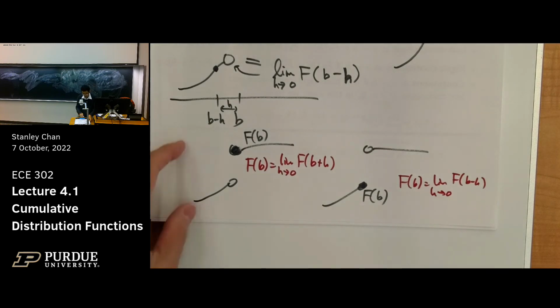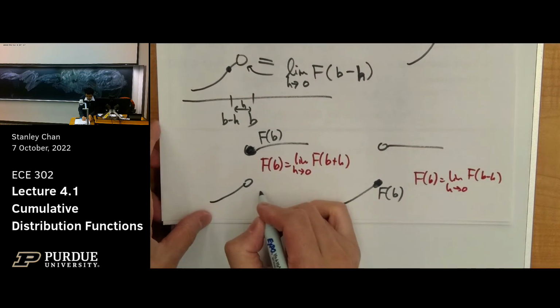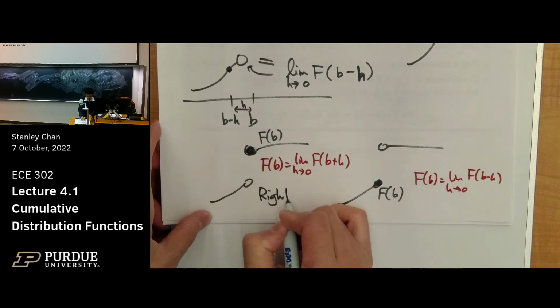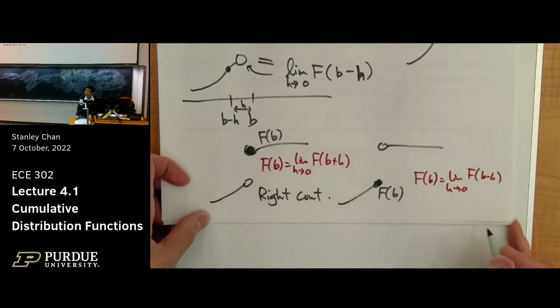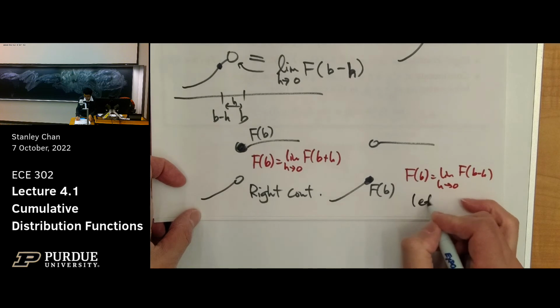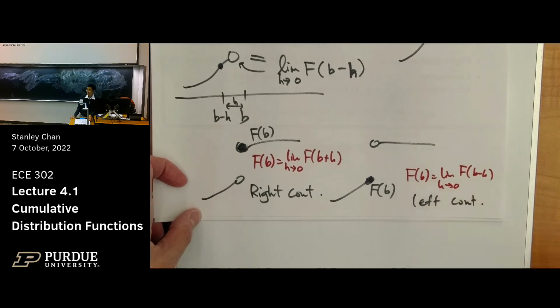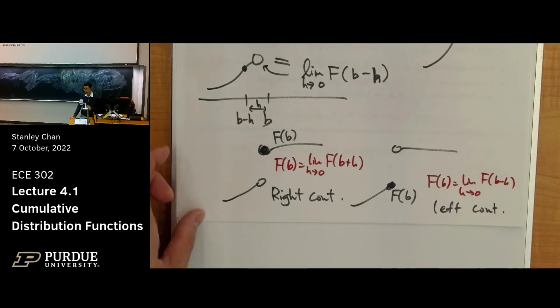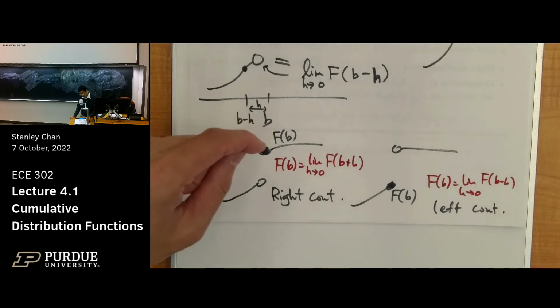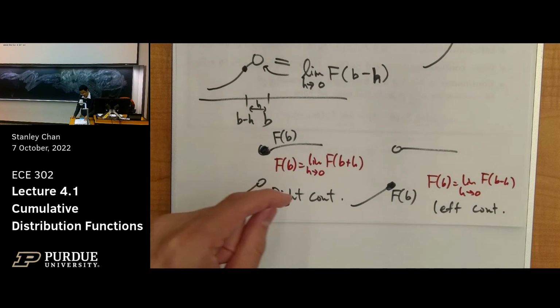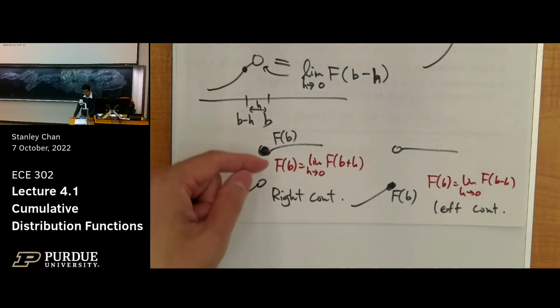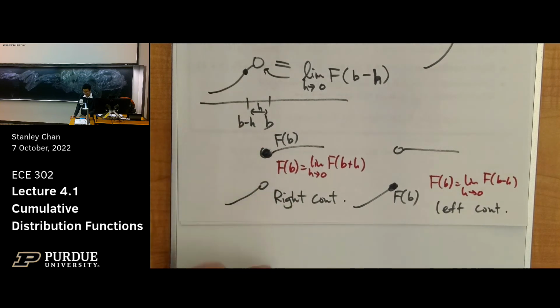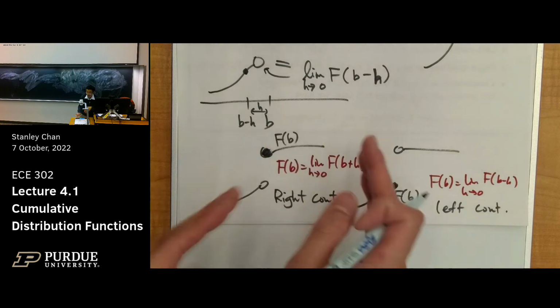This is called right continuous. This is called left continuous. It depends on where you put the solid dot. If you put the solid dot on the top, this is called right continuous. Not necessarily on the top, you can put it at the bottom, but it has to be the solid dot on the left-hand side.